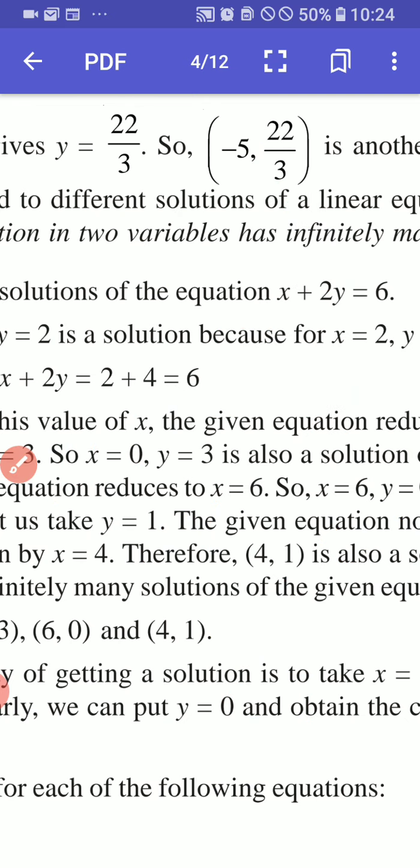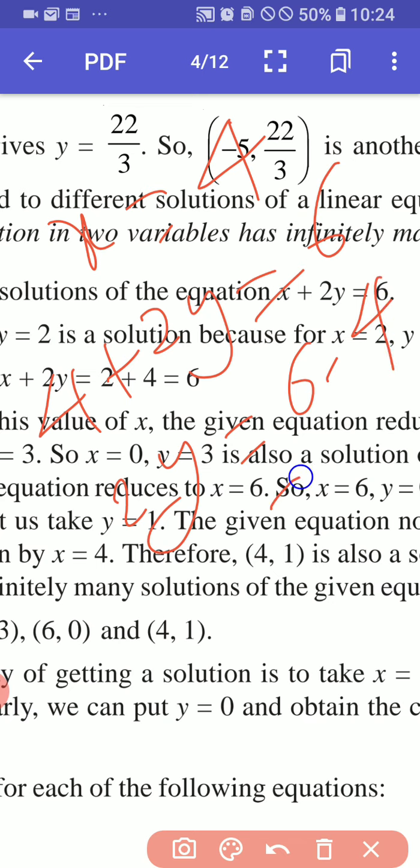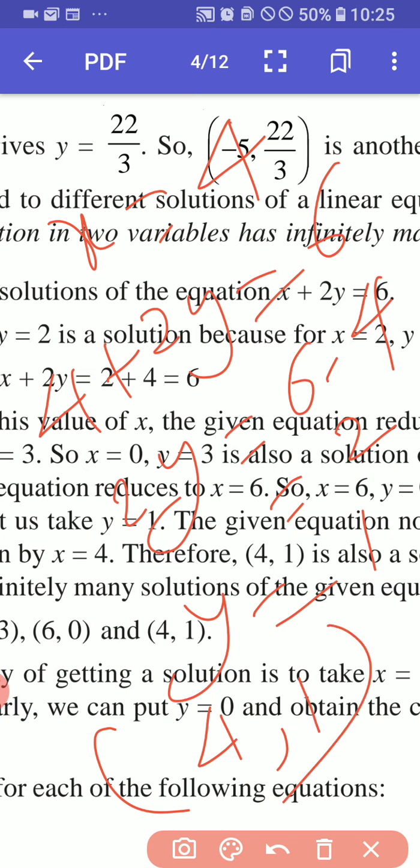Like that, if I put x equal to 4, then 4 plus 2y equal to 6, 2y equal to 6 minus 4 equal to 2, and y equal to 1. Therefore 4 comma 1 is one more solution of the given linear equation.